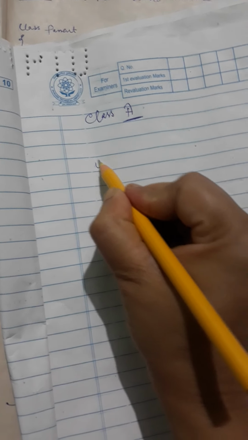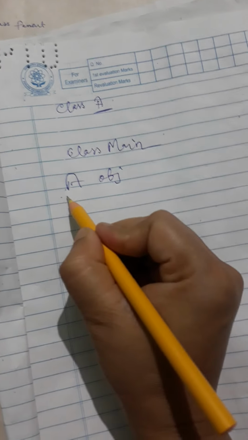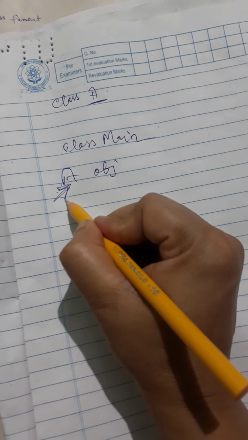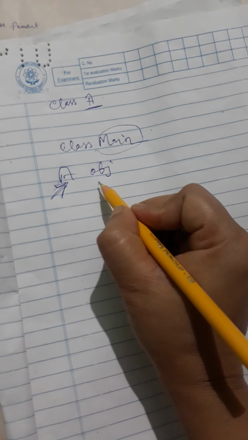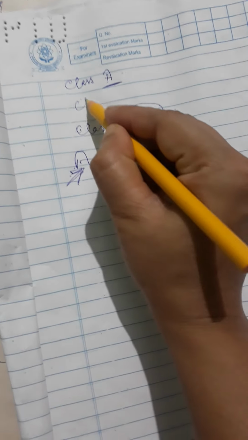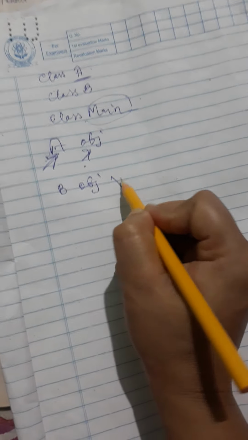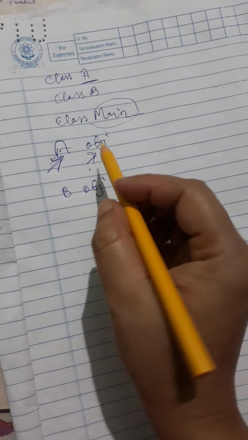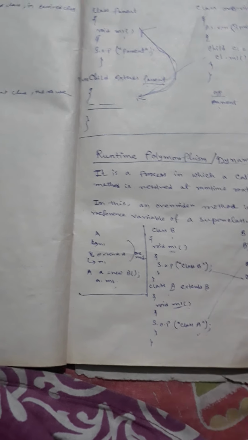Suppose class A is the superclass. Within the main class, the superclass must be written, and the reference variable, say obj. Suppose the subclass is B and you want to write B obj; this cannot happen, because the condition says that the reference variable of the superclass must be there.